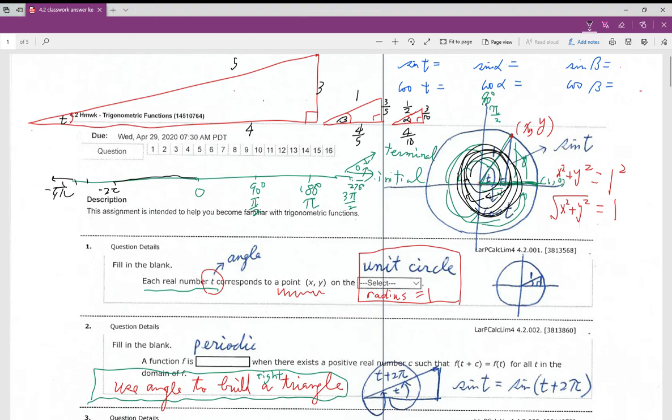So all the angles are basically the real numbers. That's why each real number corresponds to a coordinate point. This point builds a right triangle, and then you have (x, y). Again, let me erase those ugly marks so it's easier to read.